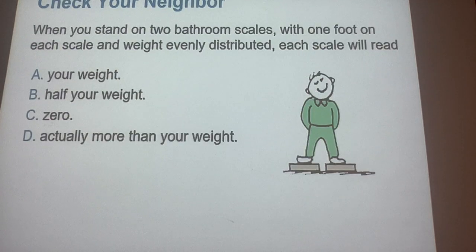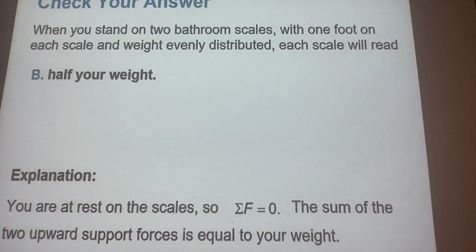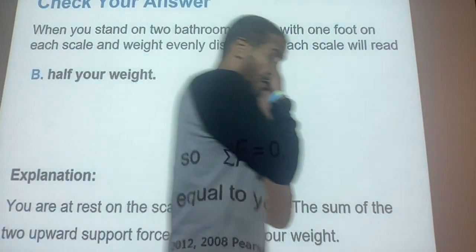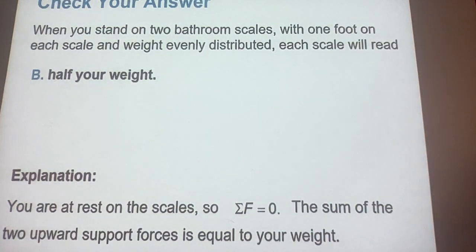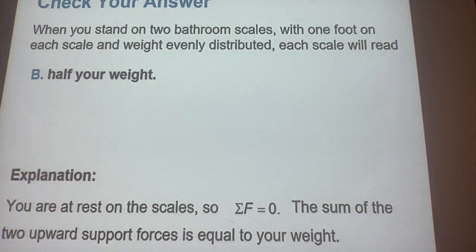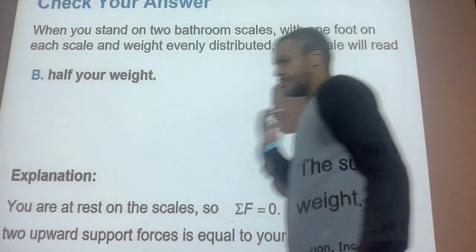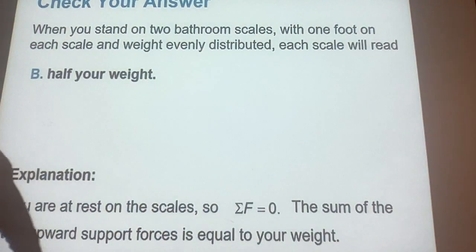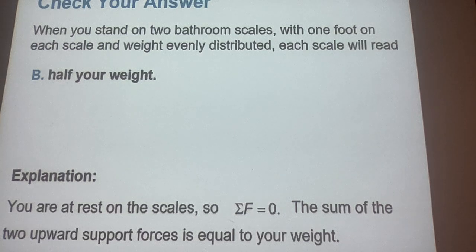Yeah, so an object can be moving and be at equilibrium, right? One example of that is the Earth.